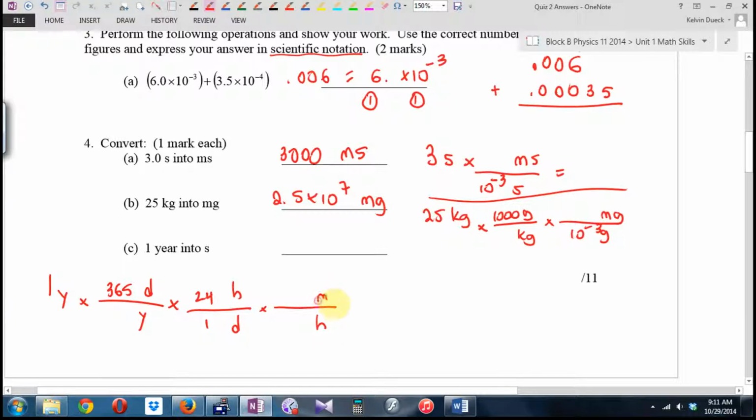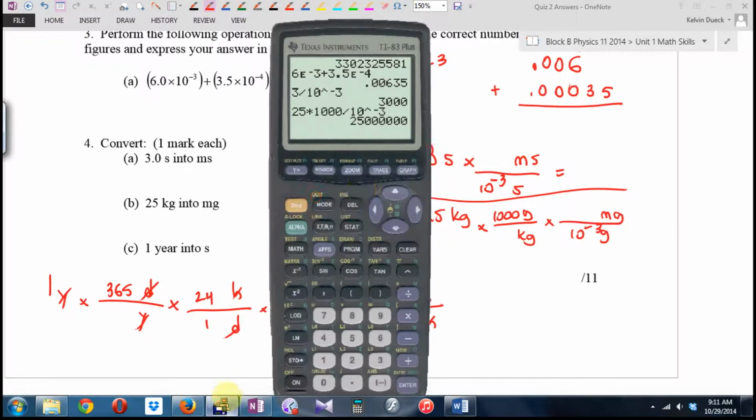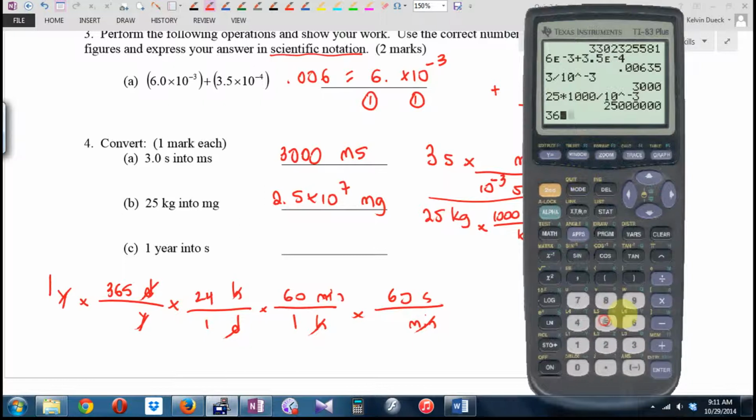If you didn't, you would go minutes, 60 and 1, and then you would go minutes, seconds, cancel, cancel, cancel. We're left with seconds. It's going to be 365 times 24 times 60 times 60.